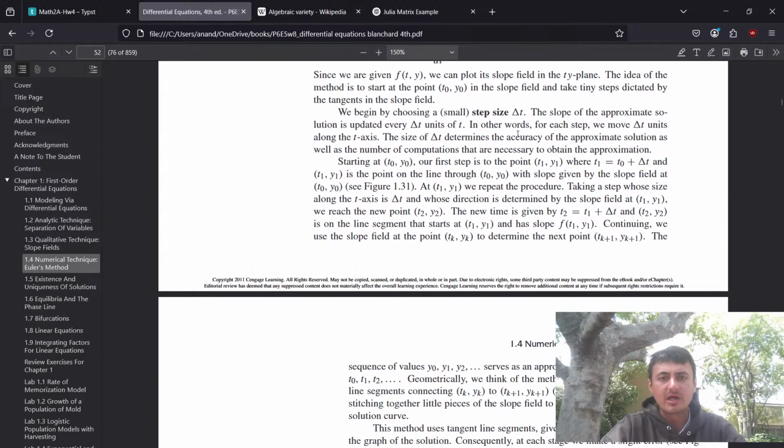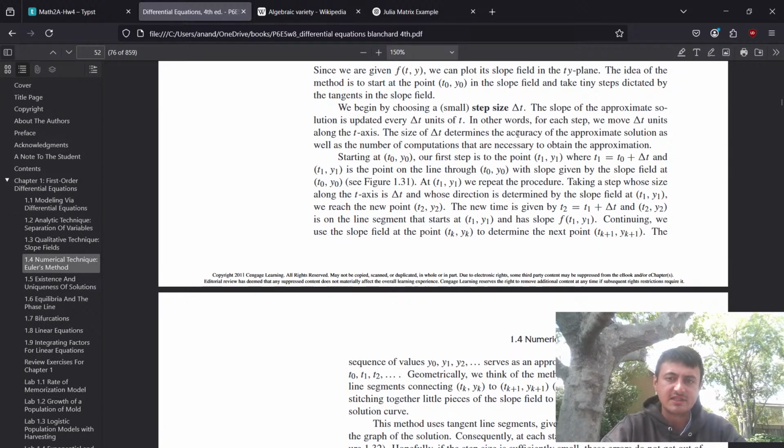The slope of the approximate solution is updated every delta t units of t. In other words, for each step, we move delta t units along the t-axis. The size of delta t determines the accuracy of the approximate solutions, as well as the number of computations that are necessary to obtain the approximation.